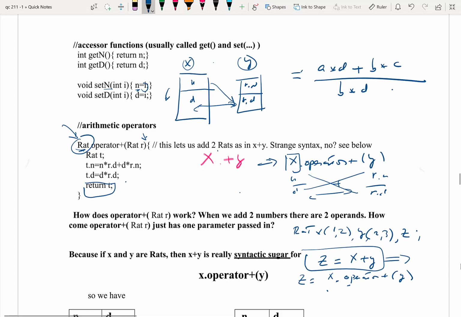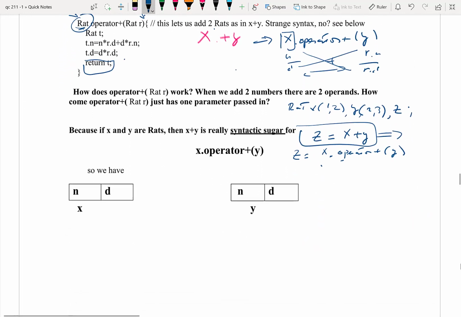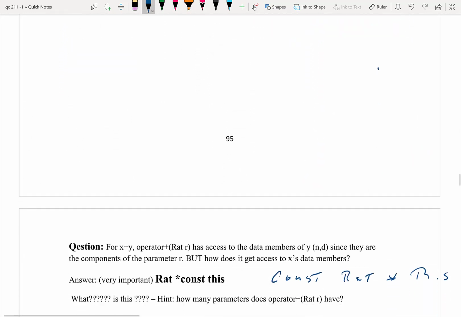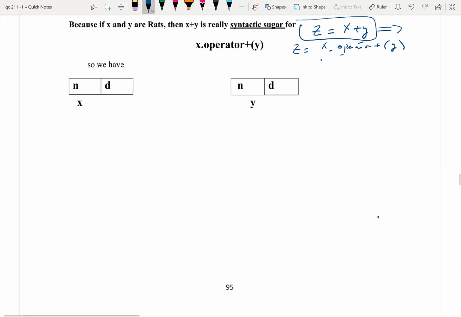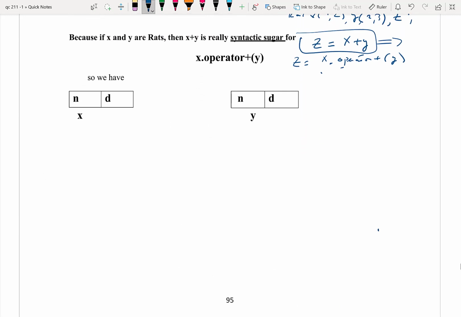Okay, so let's dig down here a little bit more, because watch this. It seems to make sense. It's fine, right? So when we say x plus y, we just finished saying that that's really x dot operator plus of y. The question is like this: how many parameters does this thing have? How many arguments does a function operator plus have?